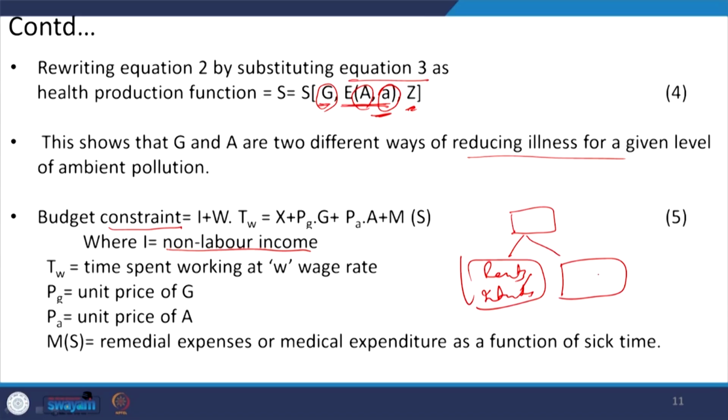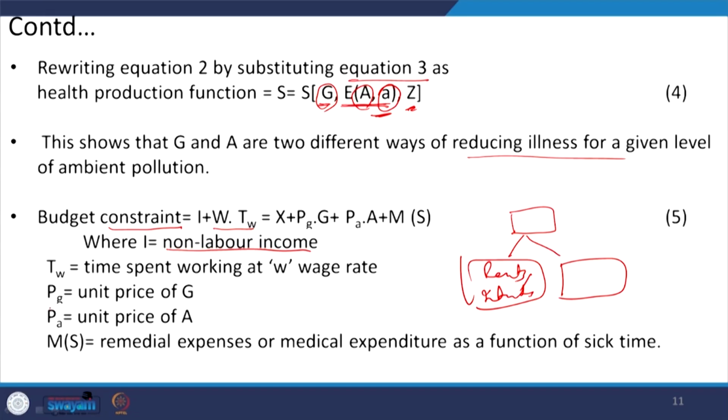So, in the budget constraint we are talking about the first part, that is Y, non-labor income, and the second component of his income is how many hours the person is working at this wage rate of W, and obviously W times the time is the income from his labor.